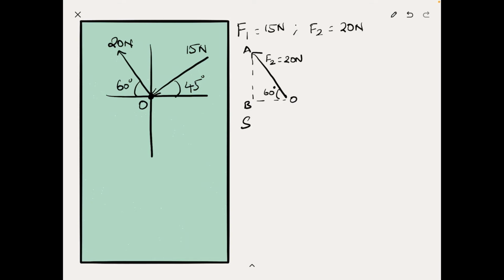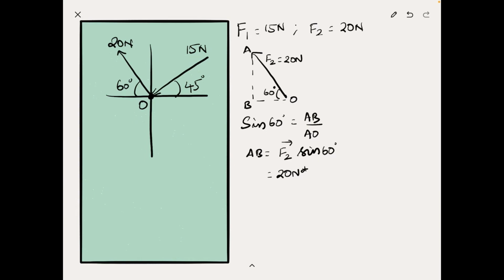So again, sine of 60 degrees would be AB divided by AO, which in this case AB would lead to F2 times sine of 60, and F2 is 20 newtons.